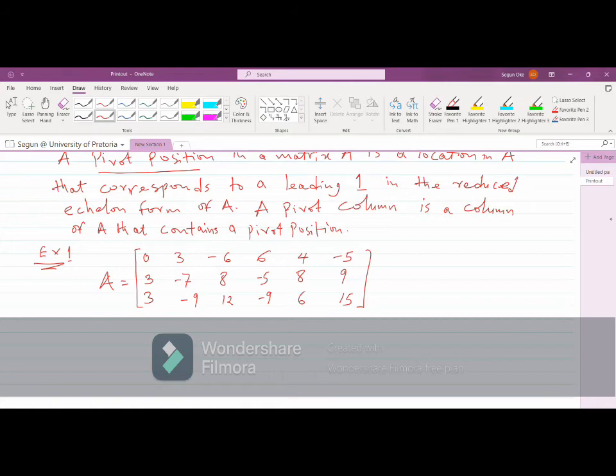Nobody. Let's continue. Zero, sir. Which one is 0? Column 1. Why? You are right, but I want to know the reason. One corresponding to leading one, right? Yes, sir. How?